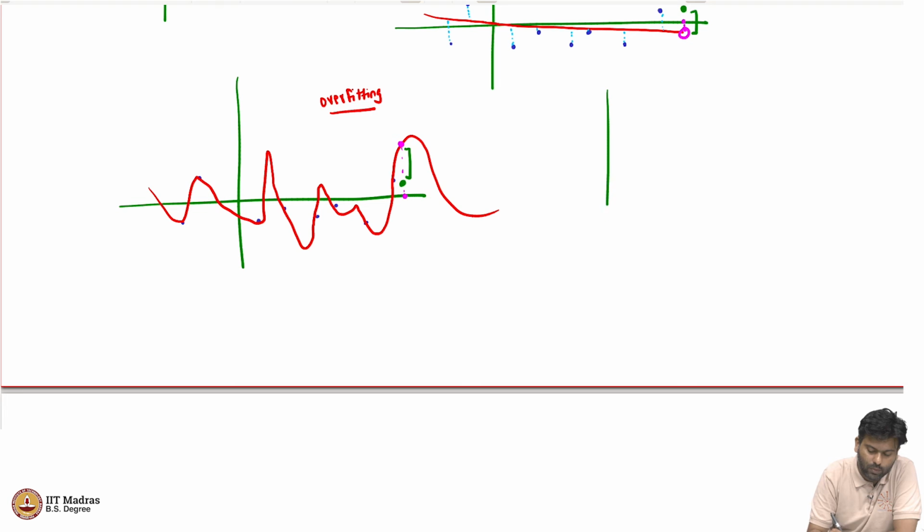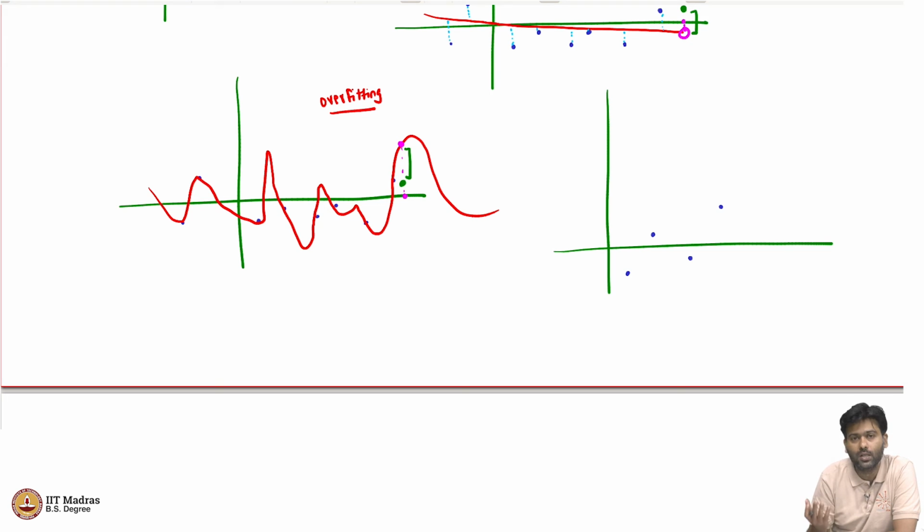Now, if I change my data set a little bit, which is very possible if you, for instance, again draw a bunch of x's and y's from the same distribution, because there is some inherent noise, and that noise is a random quantity, so your data set might change a bit.